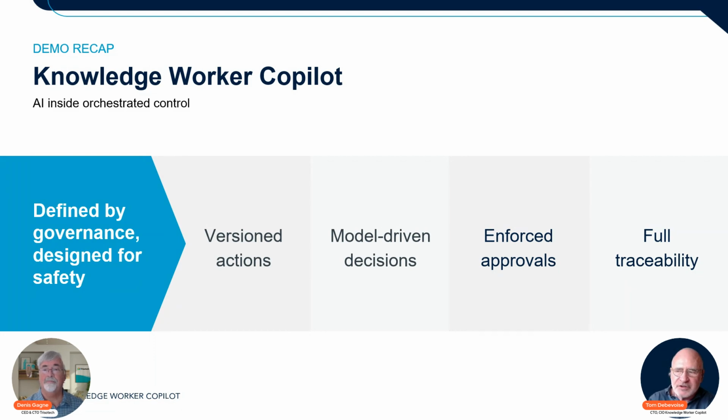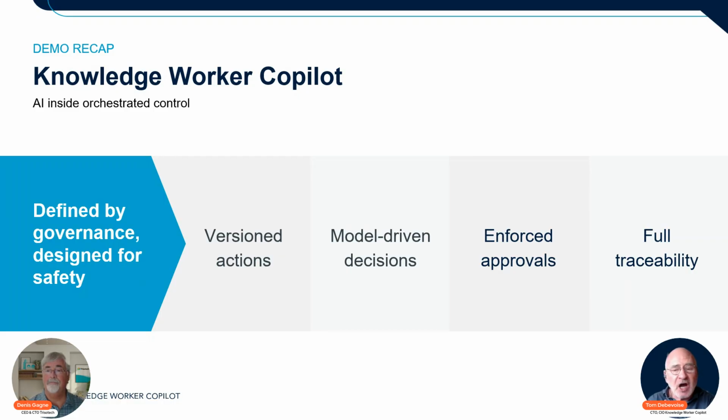Everything that was done can be traced back to the original request and how the various parties responded to that event. Each action is governed by a model, whether it's a deterministic BPMN, CMMN, or DMN, decision model notation.